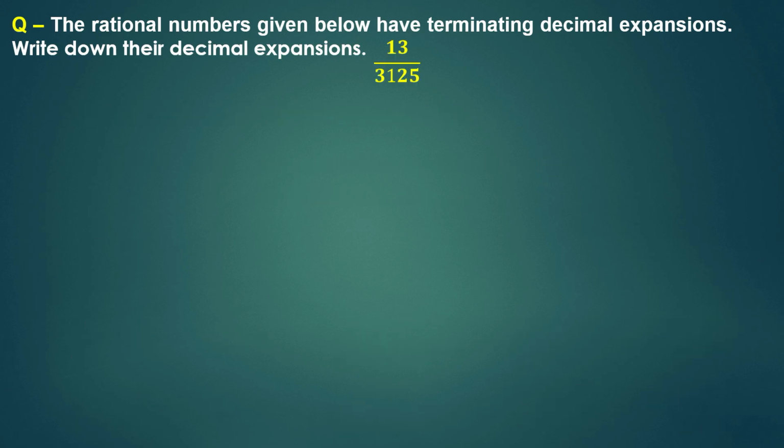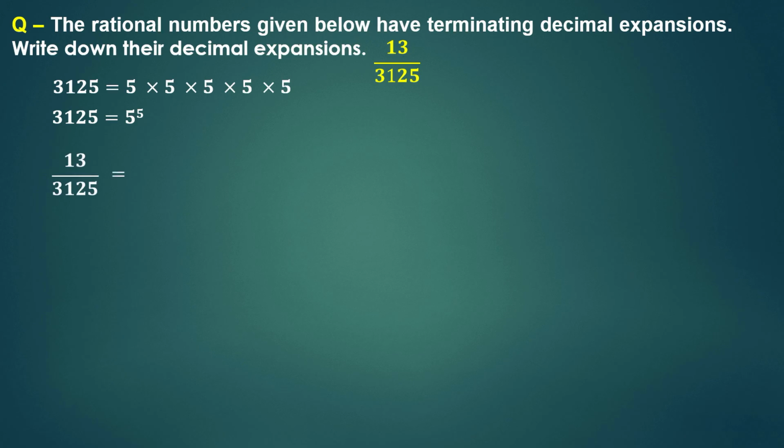The first number is 13 by 3125. 3125 can be written as 5 into 5 into 5 into 5 into 5, which can be also written as 5 to the power 5. Now, we can write 13 by 3125 in the following manner, which is 13 by 5 to the power 5.